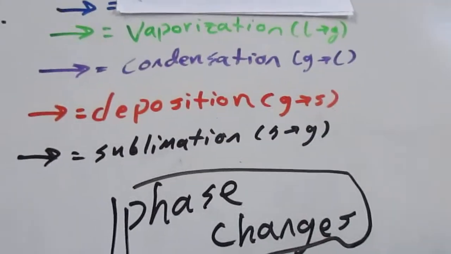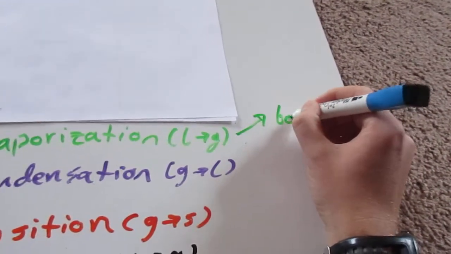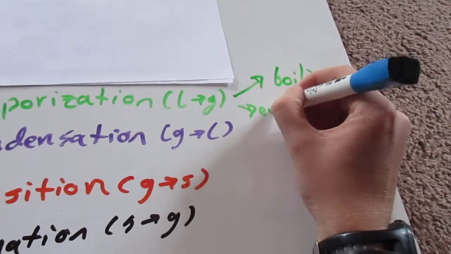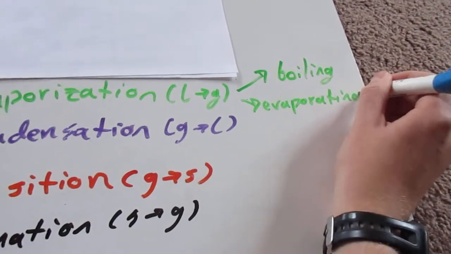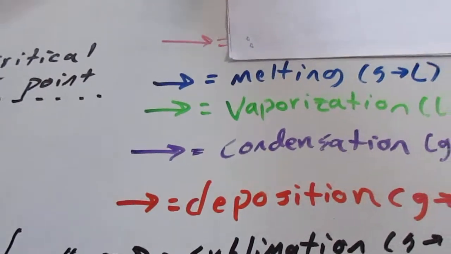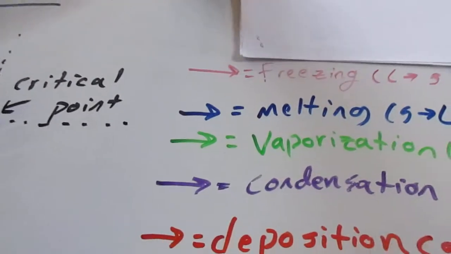Now, you guys know vaporization under 2 terms. Boiling and evaporating. Okay, both of those would count as vaporization. And like we discussed, the blue is melting and the red is freezing.